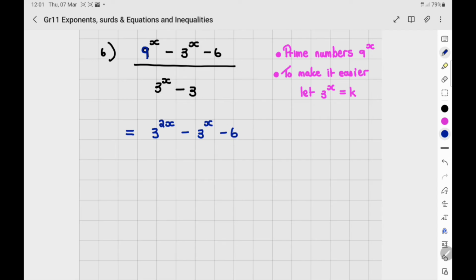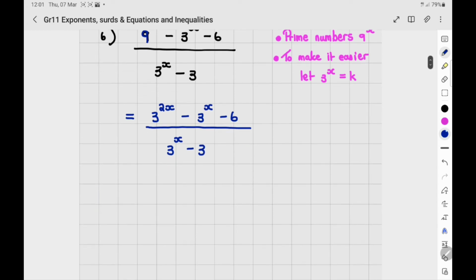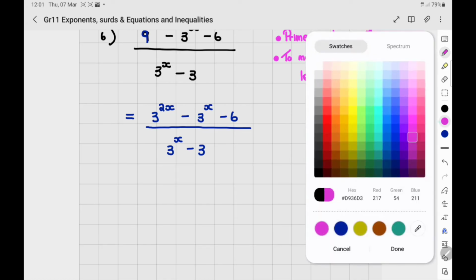Do I need to change the 6 into a product of its primes? No, because it's got no x attached as a variable in the exponent. So leave 6 alone. Again, we've got 3 to the power x minus 3. Now, if you want to make this easier for yourself, if you can see how to factorize it, that's perfect.